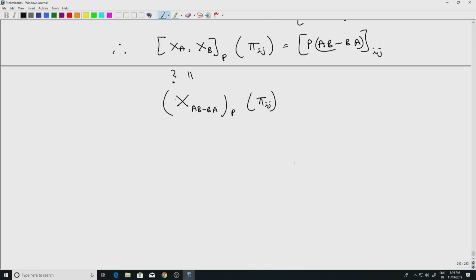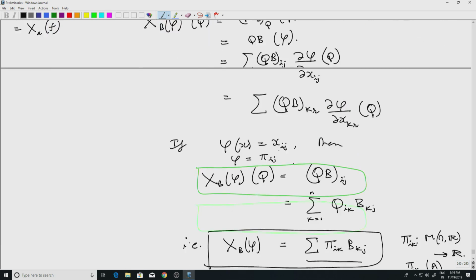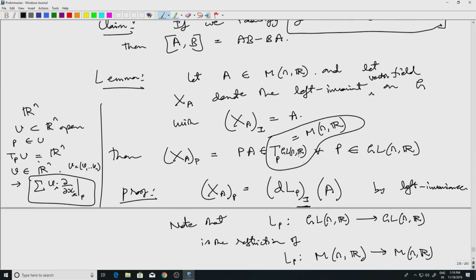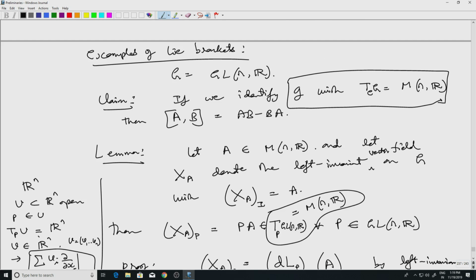In fact, the original statement which I wanted to say was, under this identification, if we identify G with this, then this happens. In the language of this X_A business, i.e. X_{AB-BA} equal to [X_A, X_B]. So this is what we are trying to prove.